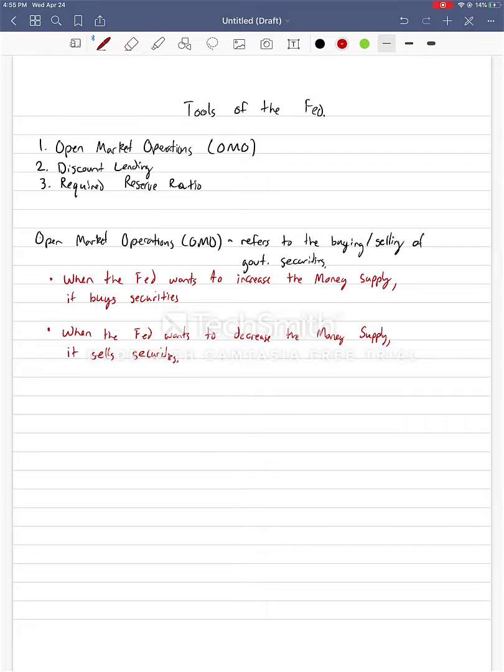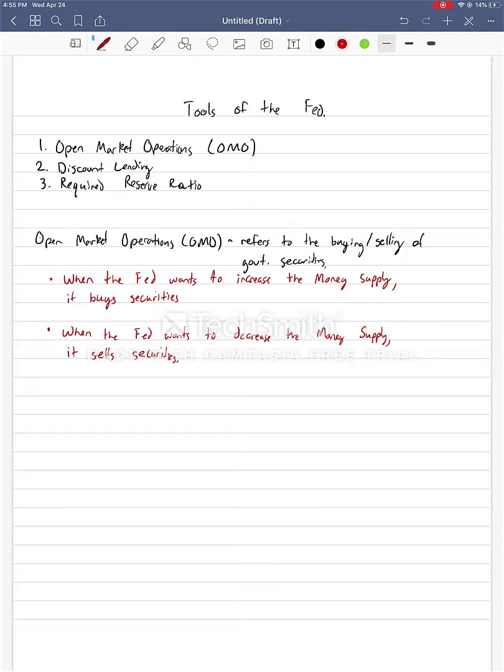Oftentimes, if a bank has extra reserves but is not ready to lock in for a loan for the long term, they can invest in some of these securities to earn interest. When the Fed purchases these securities, they aren't going to send you cash in the mail. They're typically going to credit your checking account. According to what we looked at last week in the banking chapter, we know that this causes excess reserves to increase.